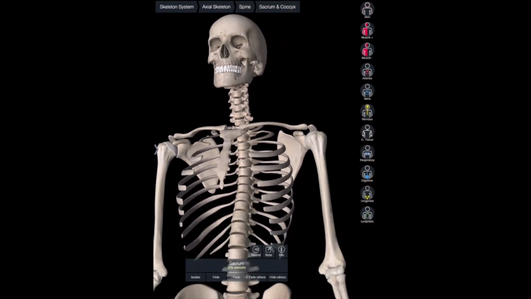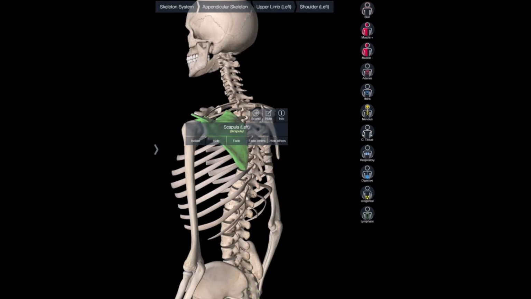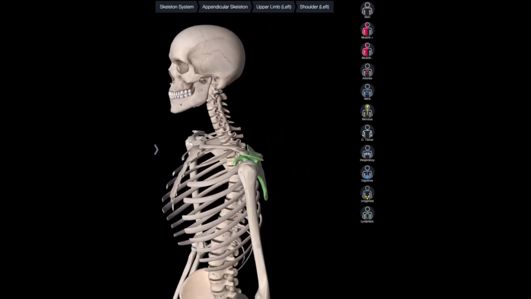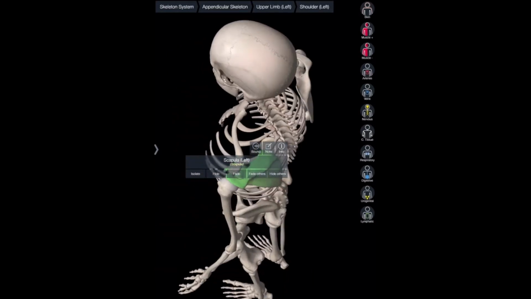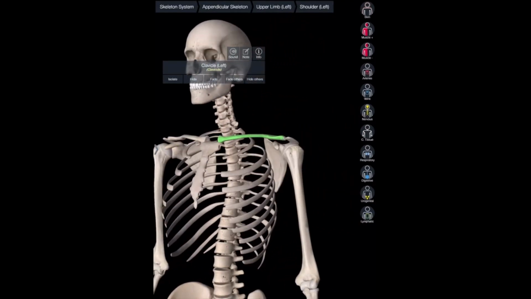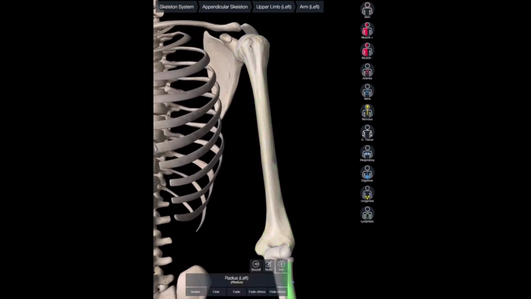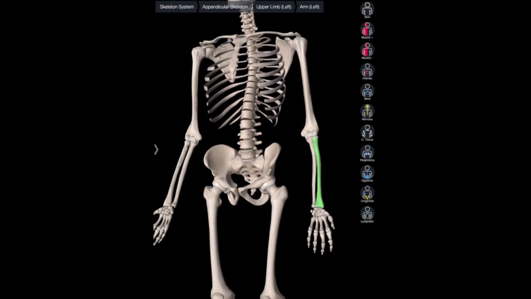The appendicular skeleton is the girdles. So the shoulder girdle, of course, is the scapula and clavicle. We're going to come back to the axial skeleton. That's why I just flew through it quickly. Scapula and clavicle, those are the shoulder girdle. And then the upper extremity, we'll revisit it in a minute here.